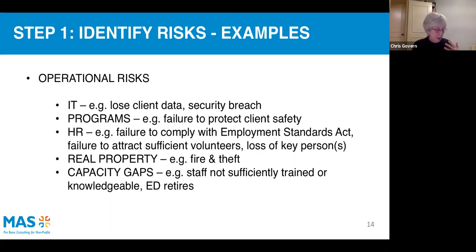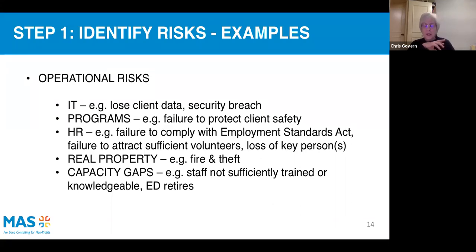So how big that risk is depends on the kind of organization you are. Under an HR bucket, for instance, you could have the failure to comply with employment standards. With real property, you have risks of fire, risks of theft, things like that.